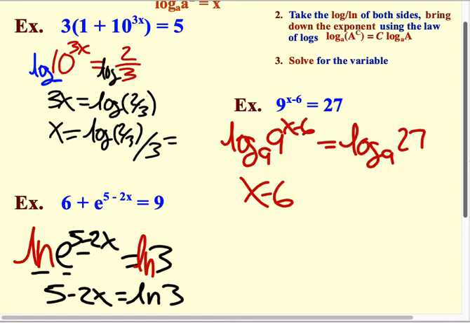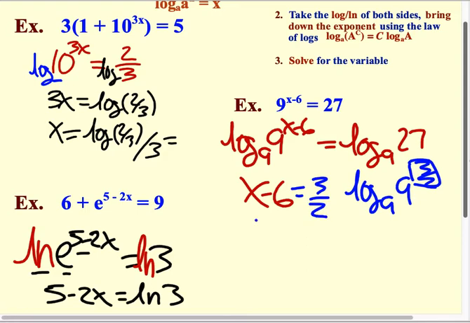Now, log base 9 of 27 is something you should be able to do without a calculator, because 9 to the what would be 27? That would be 3 halves, right? Square root of 9 is 3, 3 to the third is 27. And so log base 9 of 9 to 3 halves is 3 halves. My answer is 7.5.